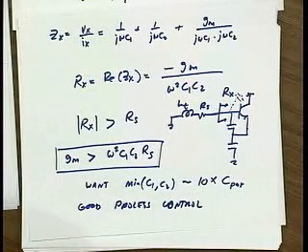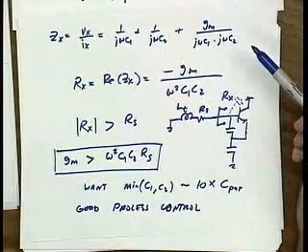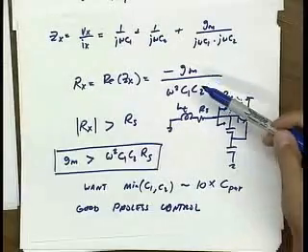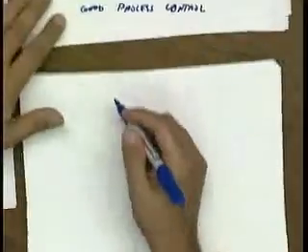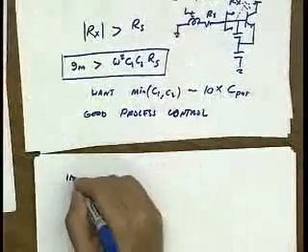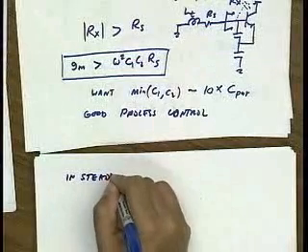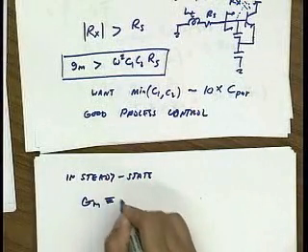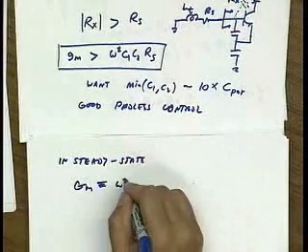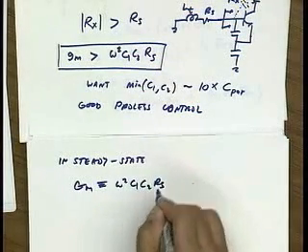Now, based on this simple analysis, we could also predict the oscillation amplitude, because if I just redo this analysis and instead of using little gm, I use capital GM, or the large signal GM, then I have an equivalent condition that in steady state, the large signal GM would be identically equal to omega squared C1 C2 Rs.